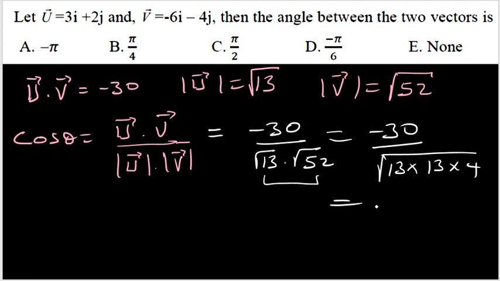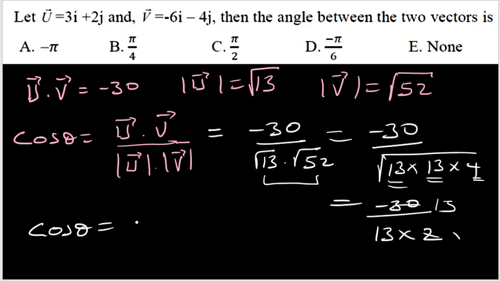That is negative 30 over 13 times 13 is 169, the square root will be 13, and 4 from the square root will be just 2. Then when you simplify by 2, cos theta is equal to negative 15 over 13.